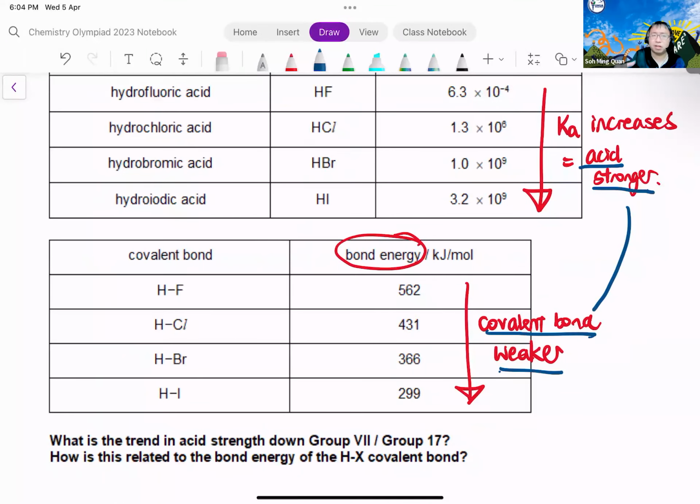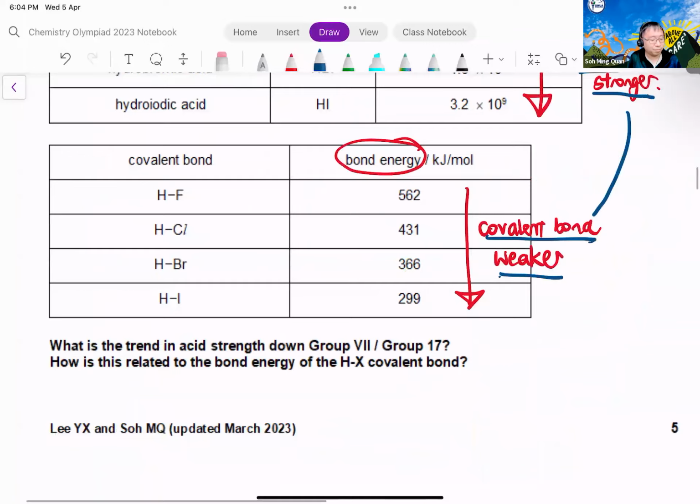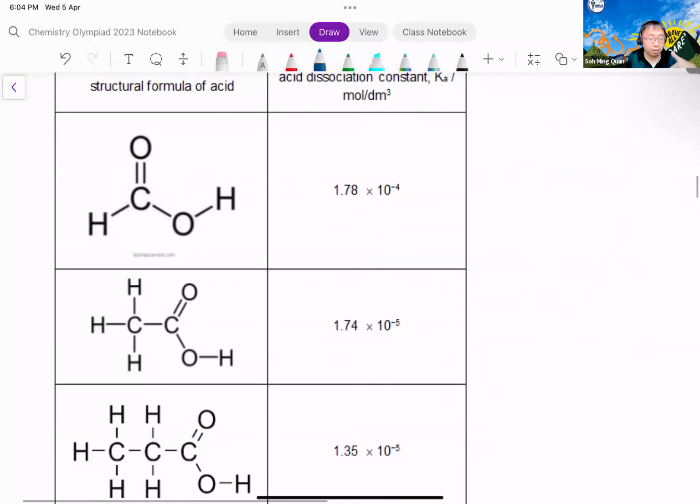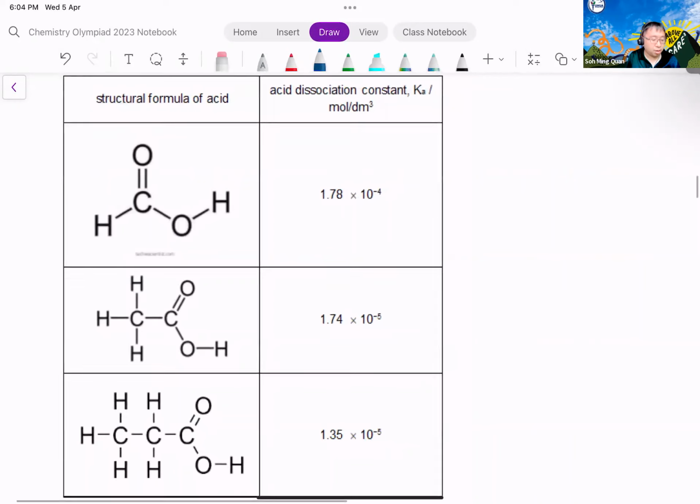Now let's move to some different trends. If now we look at the organic acids, these are acids that contain carbon, okay? They have carbon atoms inside the acid. So these are all acidic, okay? All of them are acids. Let's just focus on the Ka values. If you look at the values closely, what can you say about the values? The Ka becomes smaller or bigger?